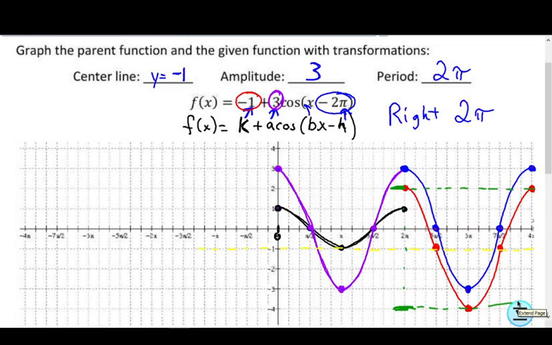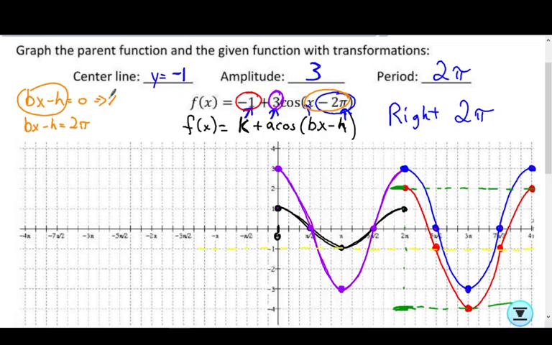In the notes, there were also two equations, if you wanted to use them, that might help. To find your starting and stopping spot, you could use bx minus h equals 0 and bx minus h equals 2 pi. Then you plug this in here, and that gives you where it starts.